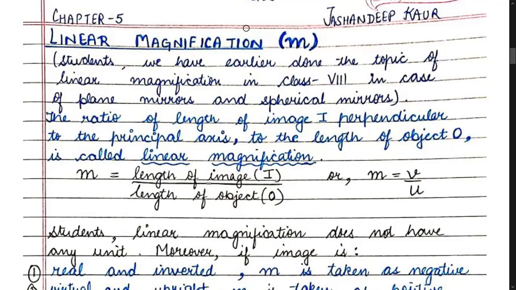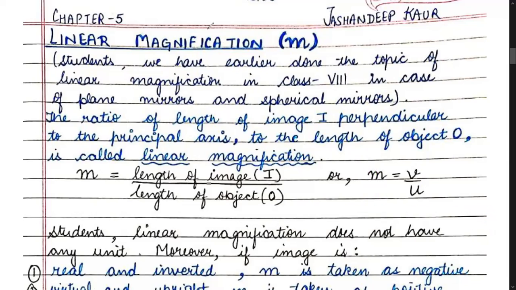The ratio of the length of the image perpendicular to the principal axis to the length of the object O is called linear magnification. It means the ratio of the height of the image perpendicular to the principal axis divided by the length of the object, which is also perpendicular to the principal axis, and you have to take the sign convention into consideration also.